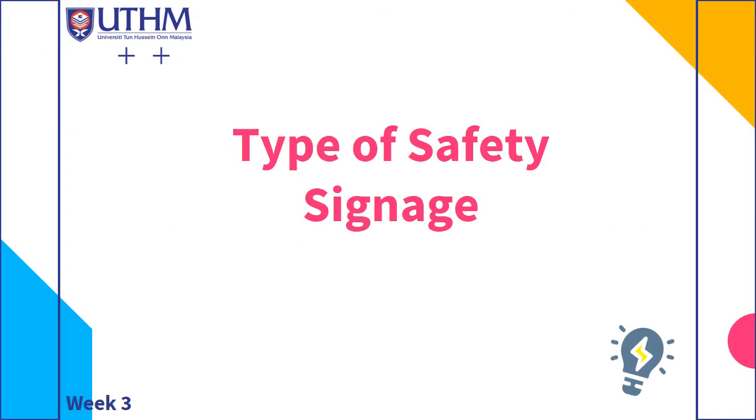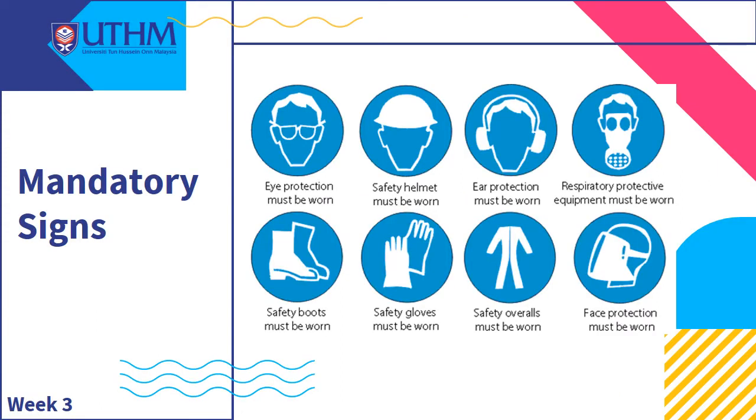So in this week 3, we need to prepare types of safety signage. One of the types of safety signage is the mandatory sign. Here we can see 8 types, which are eye protection, safety helmet, ear protection, respiratory protective, safety boots, safety glove, safety overalls, and face protection.